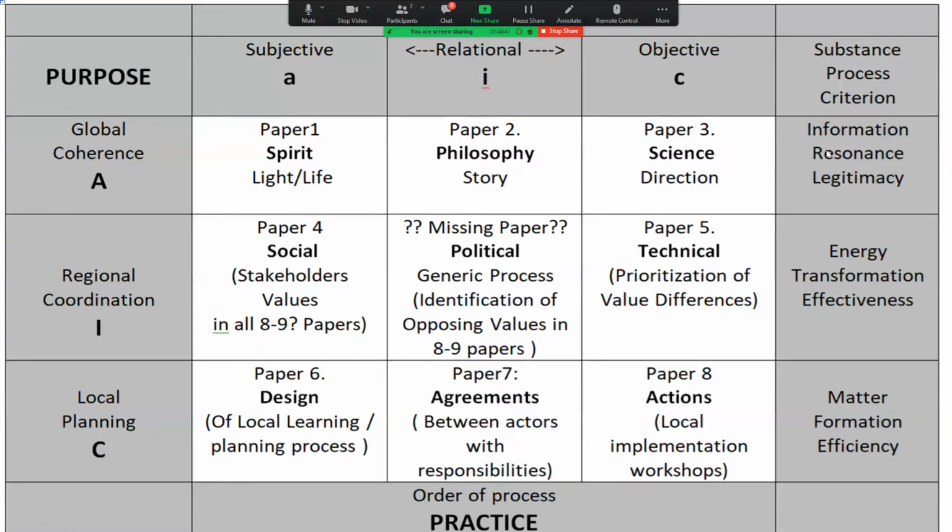So all 9 papers have all 9 variables inside them, but in a different order. As you may notice on this chart, I have the way you naturally did it: papers 1, 2, 3, 4, 5, 6, 8 make up the natural order of process for producing these papers.